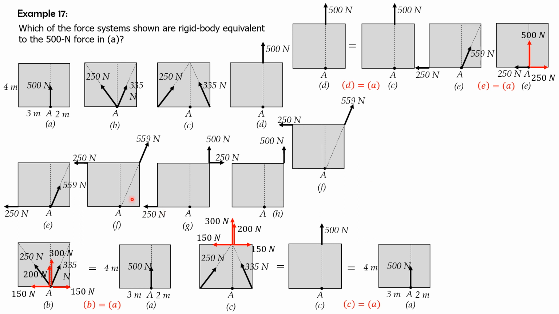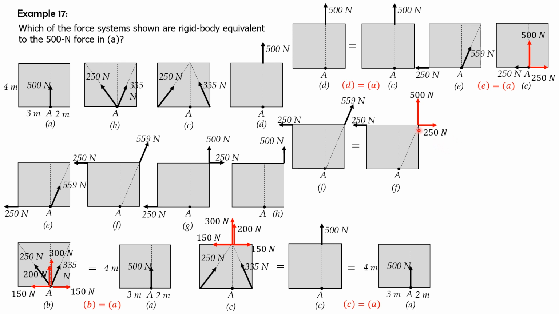Force system at F. So the components of 559 will be placed here or at A. So let's make it at its original position. So we have 500 upward and 250 rightward. Since these two are collinear, we'll just cancel them.